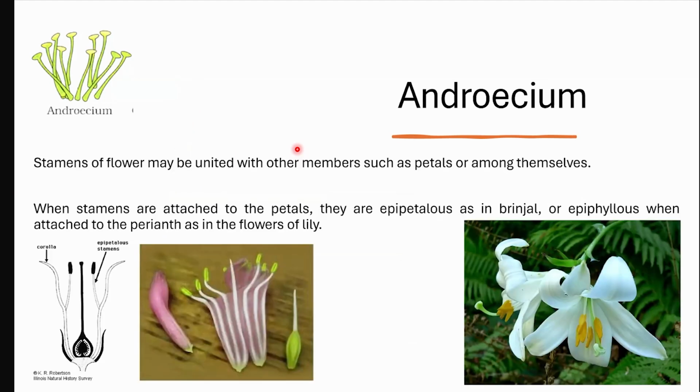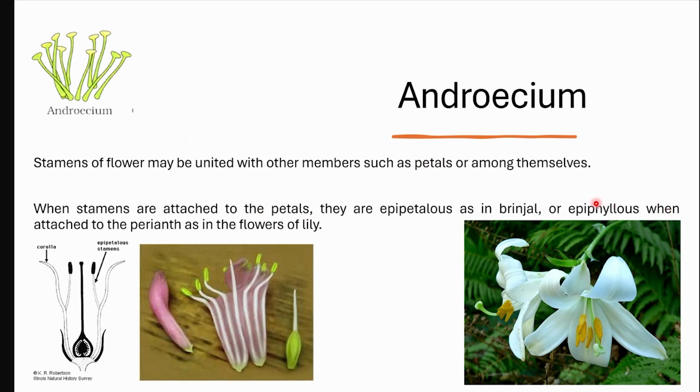In case of androecium, the stamens of flowers may either be united with other members, such as petals, or among themselves. Either they are united with the petals, or they are united among themselves to form a bunch. When stamens are attached to petals, they are known as epipetalous, as in case of brinjal.